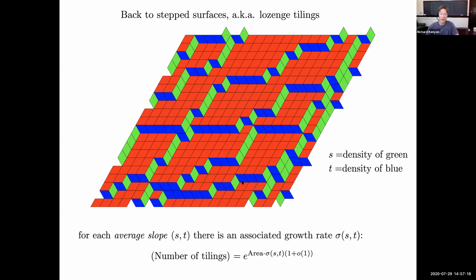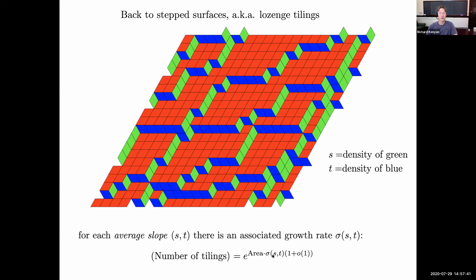Of course, I haven't told you how to compute that sigma S, T, but at least this is a definition of sigma S, T. And well, you probably know that the lozenge tiling model has this nice determinantal structure. It's a free fermionic model, as Hugo was telling us about.